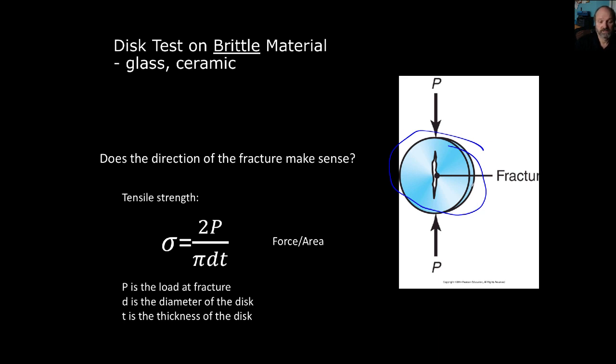This disc has a certain thickness, T, and a certain diameter, D. So this is the diameter, D, and this is the thickness, T. The force applied is actually 2P because you're pushing on it, but it's also pushing up on it. So you've got twice the force divided by the area. And you might say, well, how is this an area? Well, it's the cross-sectional area.